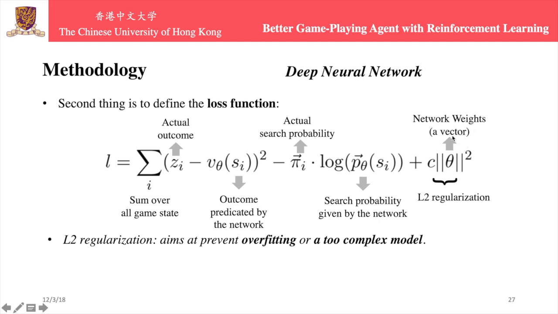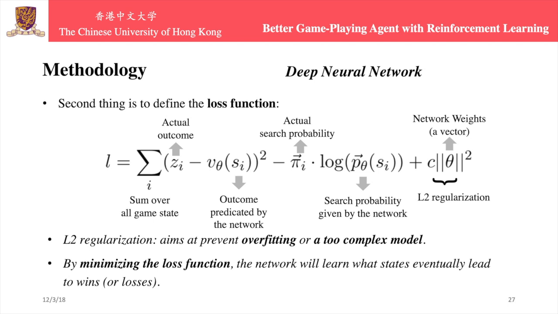If the model is too complex, then theta will have many components, and therefore the norm of theta will become very large. Our goal is to reduce the loss function as much as possible, so we will try to prevent a very large theta squared from happening.